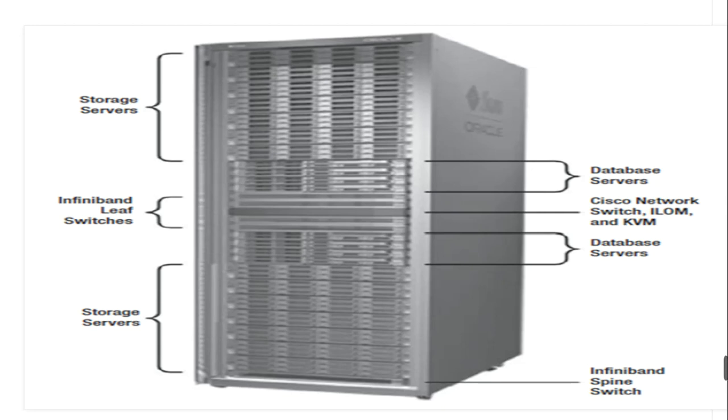So you can see the layers of the database machine, the engineered Exadata machine, how it looks and how it is configured: storage servers, database servers, then in the middle InfiniBand switches, and database servers and storage servers again. You can see 1 2 3 4 5 6 7 8.